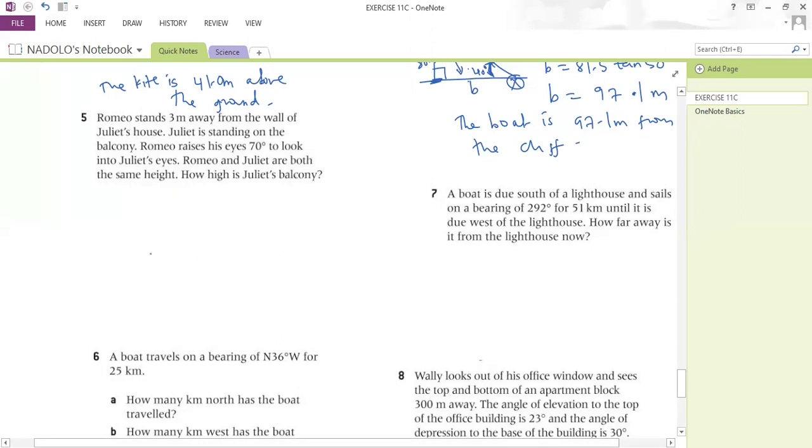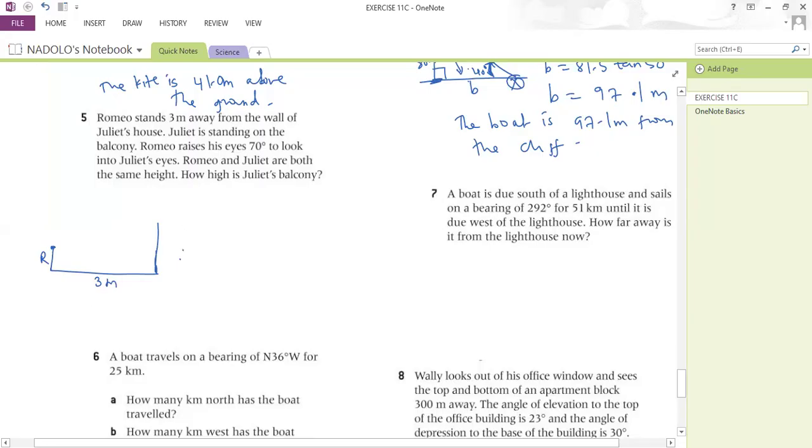So Romeo is standing 3 meters away from the wall of Juliet's house. Okay, so let's say this is the level ground, and then this is Juliet's house. So Romeo is standing here. Let's say the eyes are at the point I've circled. So if that is Romeo, standing 3 meters away, this is 3 meters from the wall of Juliet's house.